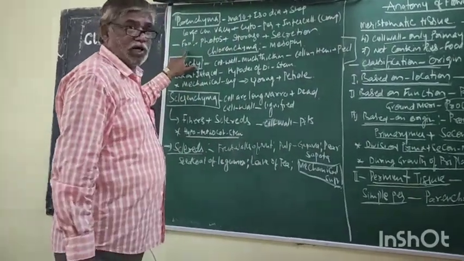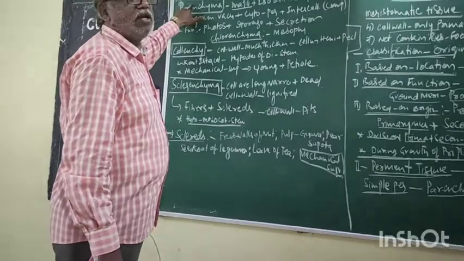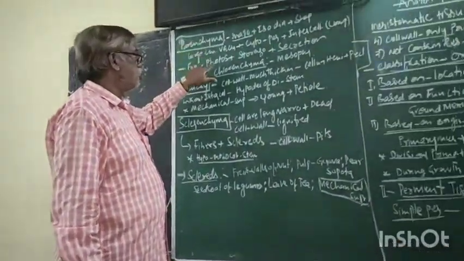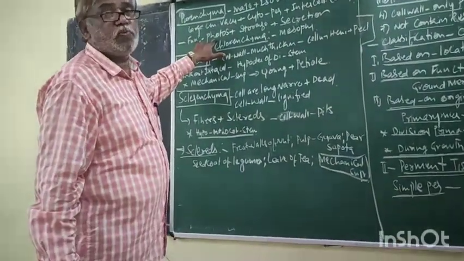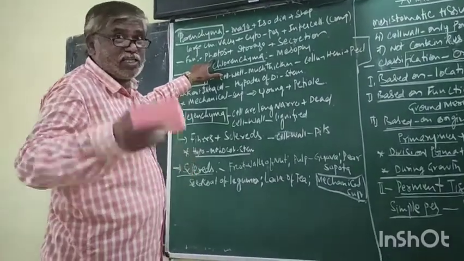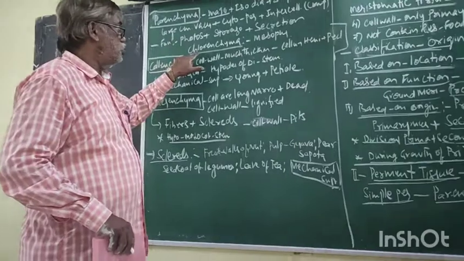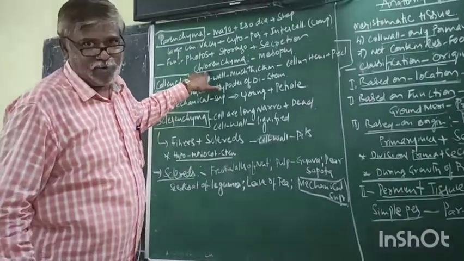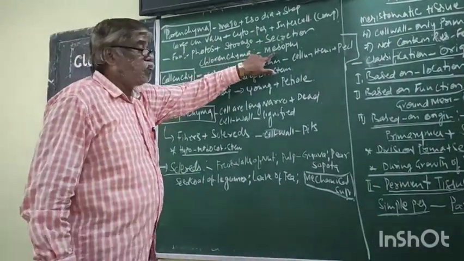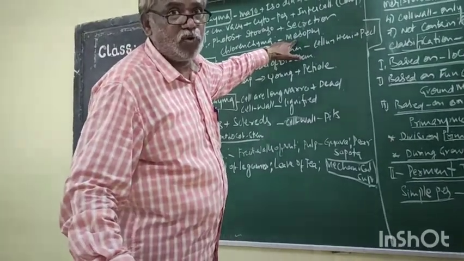Now the function of parenchyma: it undergoes photosynthesis due to the presence of chlorophyll. Such parenchyma which shows photosynthesis is called chlorenchyma. Example, mesophyll tissue in the leaf.